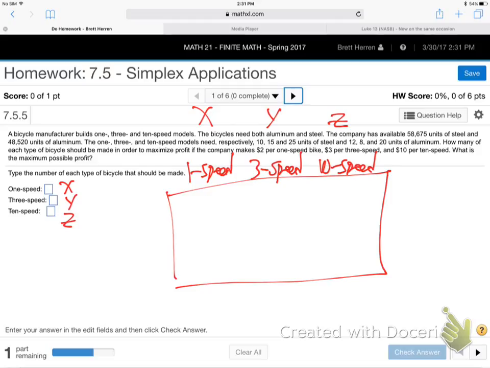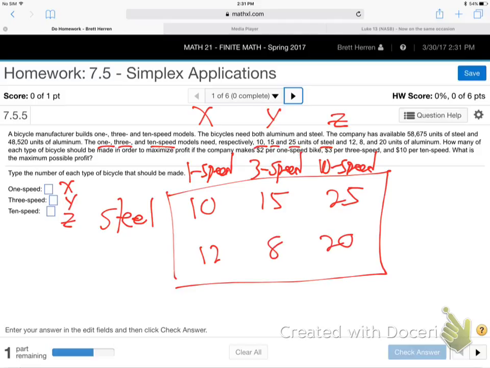Okay, and then let's do the different facts. The company has a bunch of steel and aluminum. The 1, 3, and 10-speed models need 10, 15, and 25 steel, and they need 12, 8, and 20 aluminum.